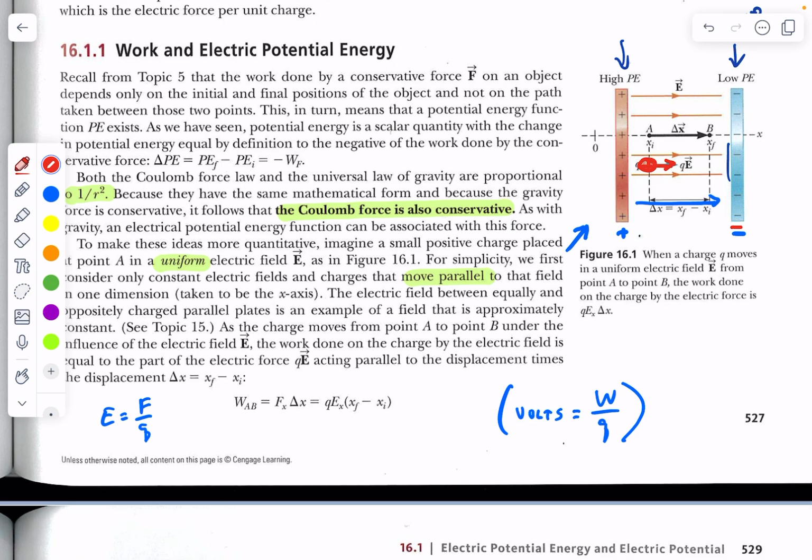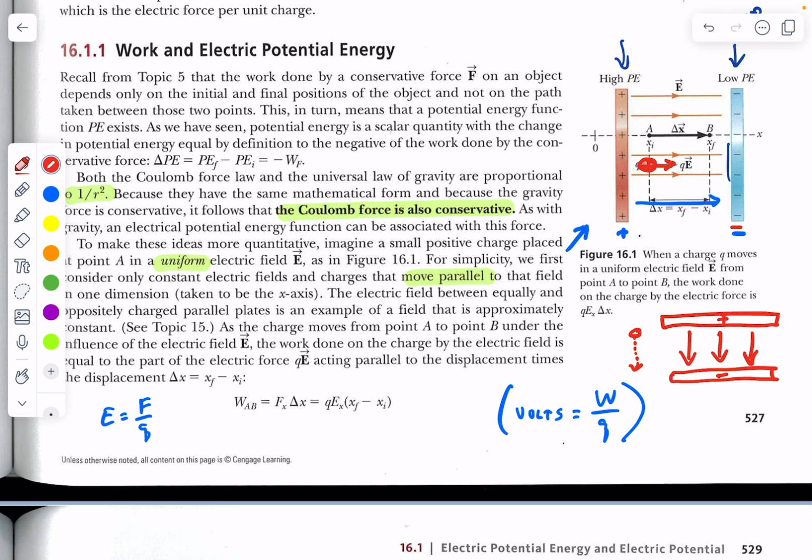In a sense, we could say that if we were to turn this upside down, and we were to have our two metal plates, one on top of the other, with the arrows going in this way, from the positive to the negative, it's analogous to gravity. If I have an object, a mass way up here, it's going to be acted on by the gravitational field, and it's going to move in the direction of the Earth.